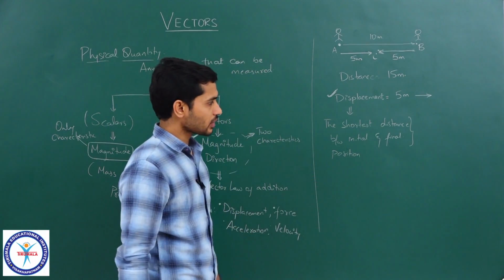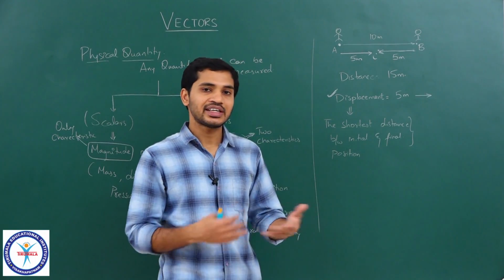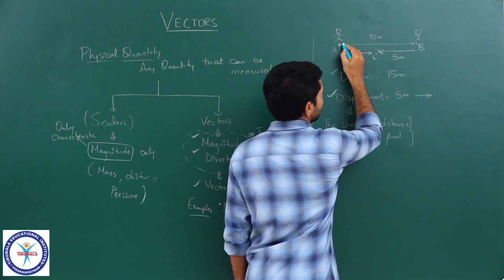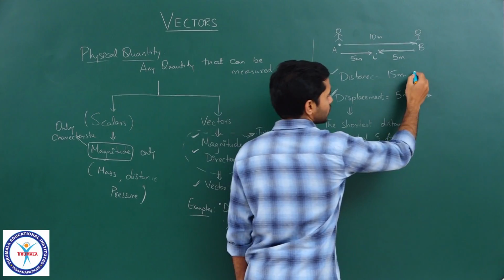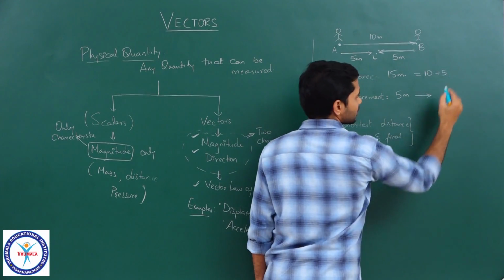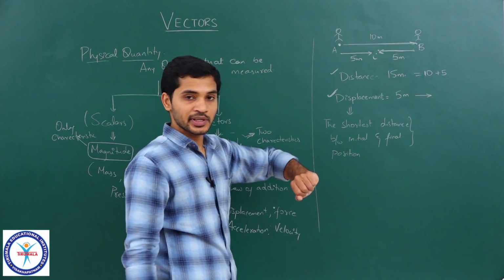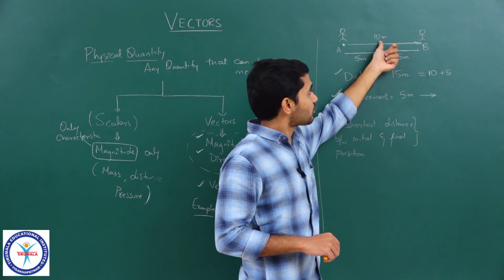As you see, whenever we have a scalar and a vector, we deal with it differently, right. What we have done here is, for finding the distance, we added 10 with 5, and 10 plus 5 is what gave us 15. But when I am calculating displacement, if you observe closely, I subtracted this 5 from 10.